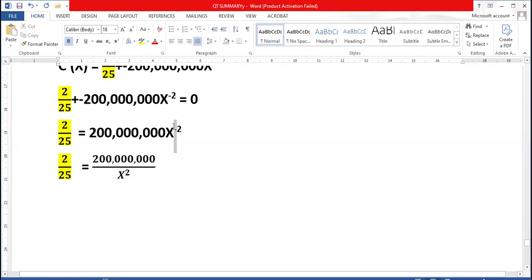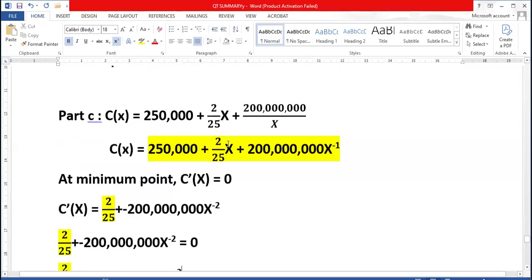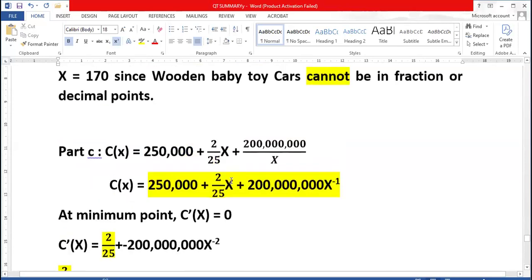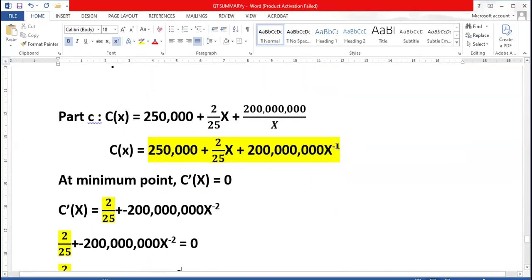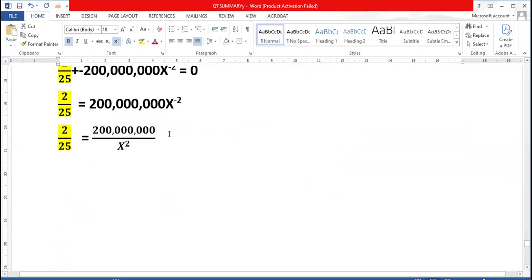This negative is there because we removed the denominator. So we reintroduce it to help us get the value of x.